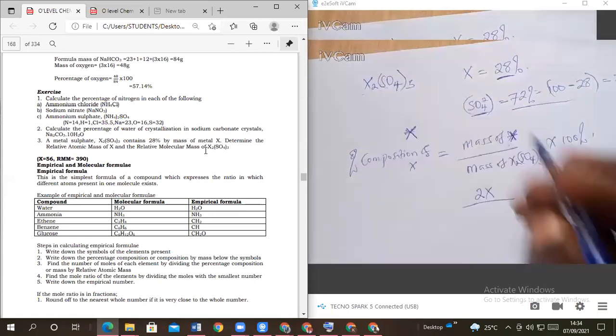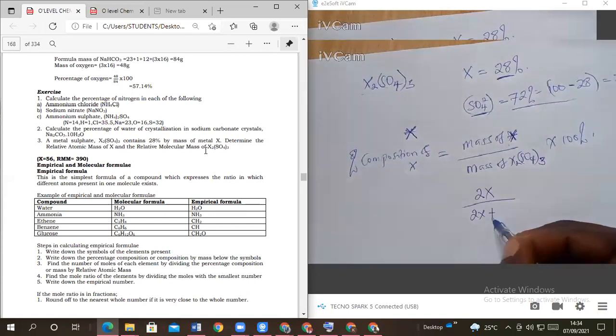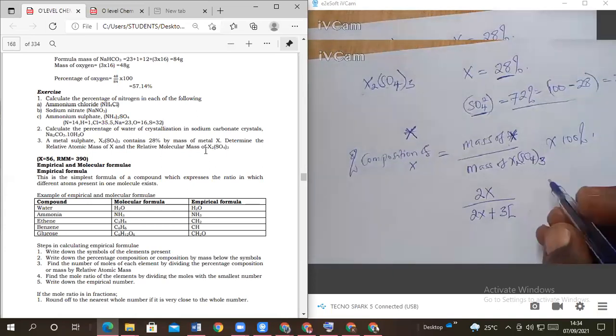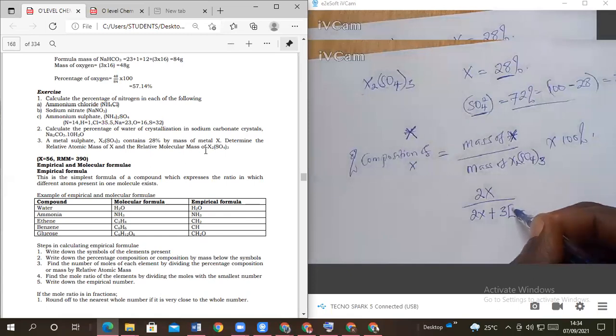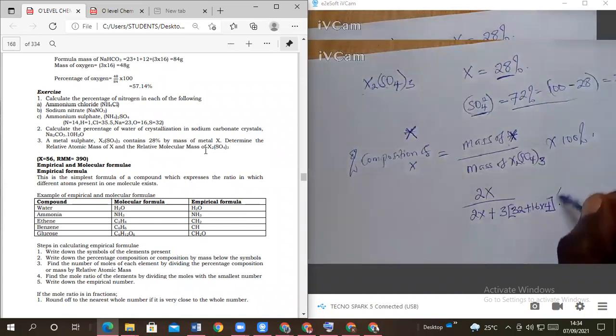Out of 2X plus, now this is 3 in 2. What is the mass of sulfur? It is 32, isn't it? Plus 16 times 4, times 100%.